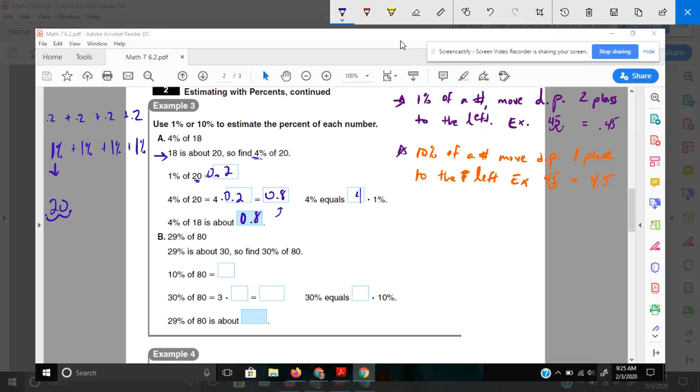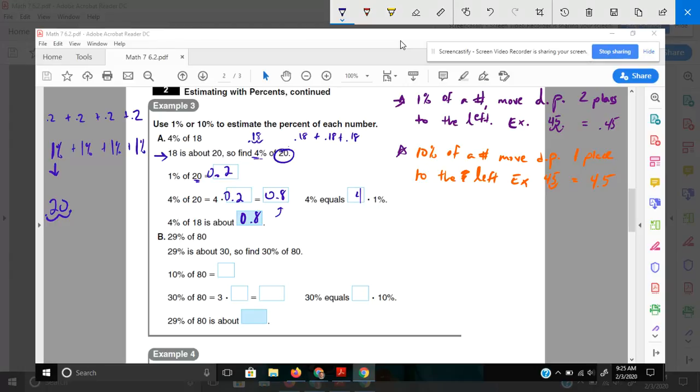Exactly what I found here. Now, if you wanted to be exact and not round 18 to 20, you could find 1% of 18 by moving your decimal 2 spots, so it would be 0.18 plus 0.18 and so on. But we're using compatible numbers, so that's why we rounded.